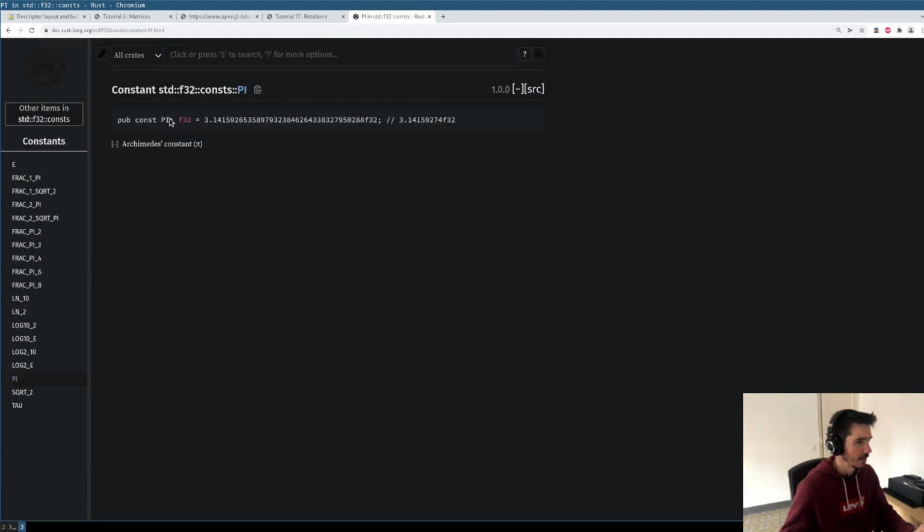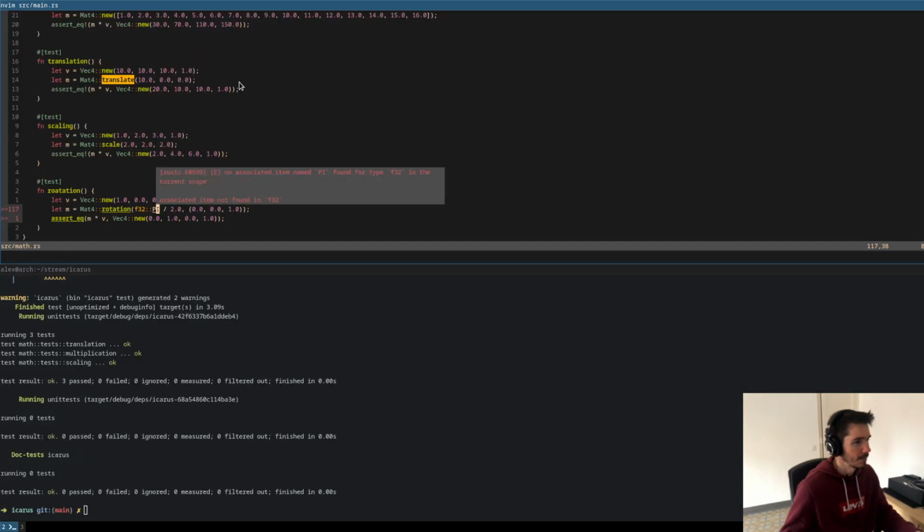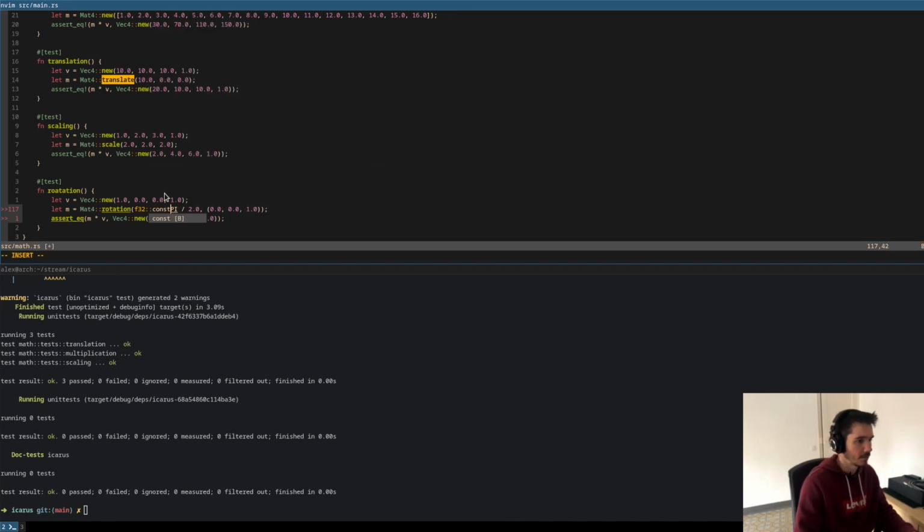It's in std f32. They have pi divided by 2. Frac pi. Yeah, this looks like the one we need. F32 consts.